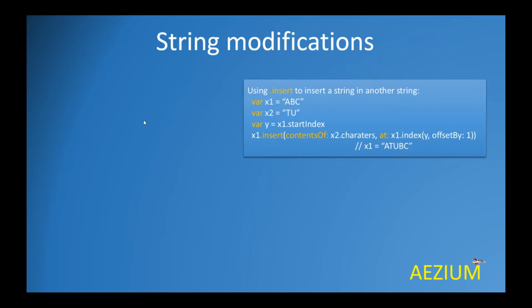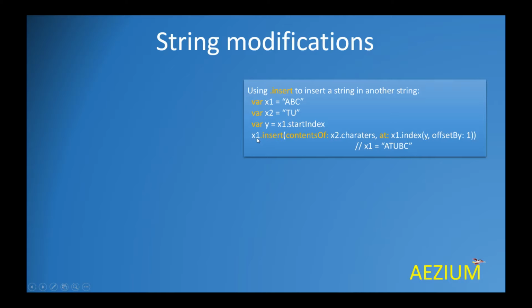Using dot insert, we could also insert a string within another string, as I just mentioned earlier. So here we have two strings, x1 and x2, and again I'm generating the start index of x1 in this case and assigning it to y. Now this is the arrangement that we can use to insert a string inside another string.